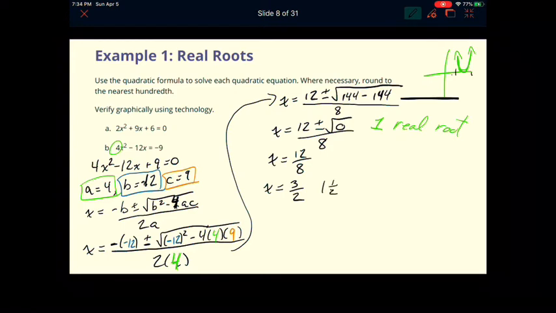So if we put that, 1, 2, so this is 3 over 2, 0. Let's try that a little bit better. So that is my vertex. That is my line of symmetry and the x of my vertex when I only have one real root.